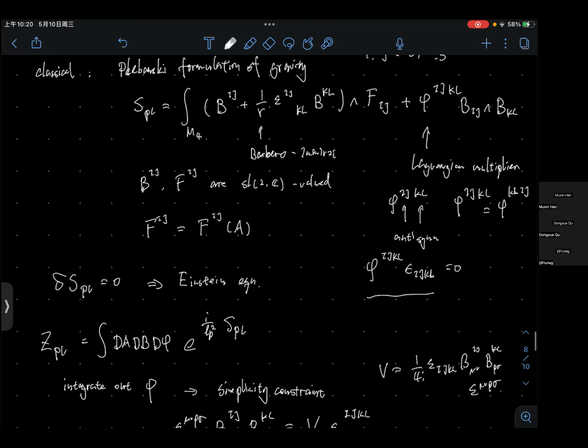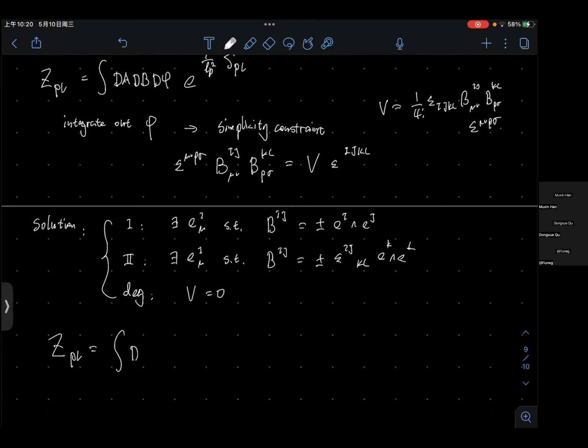All right. So then when we integrate out B, we get the delta function of the simplicity constraint. What you end up with is dA dB, a delta function of the simplicity constraint, and e to the i over L_P squared.